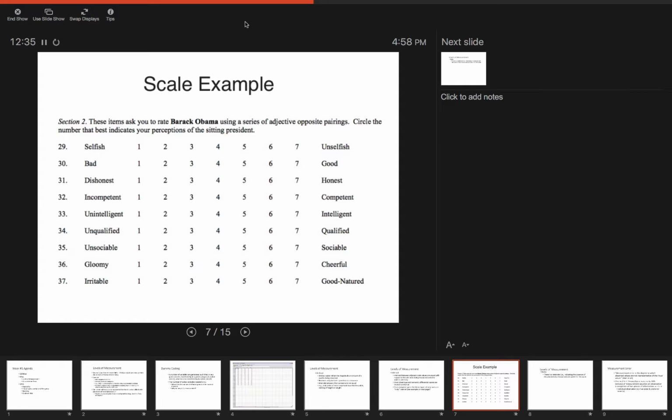Is that the same as temperature? Why not? It's up for people's interpretation. And so a 2 to somebody could be way different between 2 people. Well, a 2 for you might be a 7 for me, or vice versa, right?